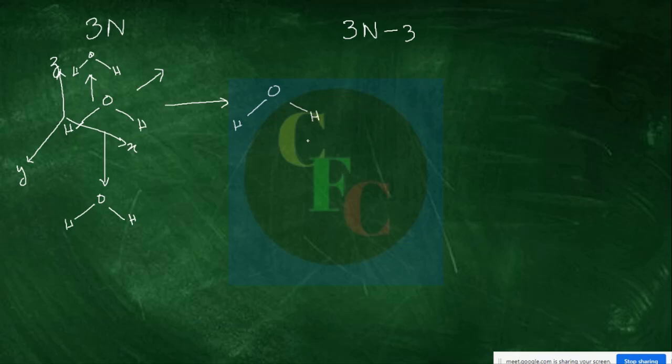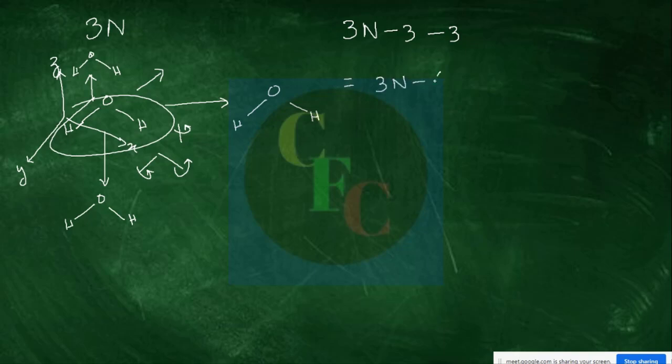Another one is now suppose you can rotate it also. See, suppose this is our molecule. You can rotate it along this x direction, along this z direction, along this y direction, right? So 3 motions are taken away further by rotation. So what is left? 3n minus 6.